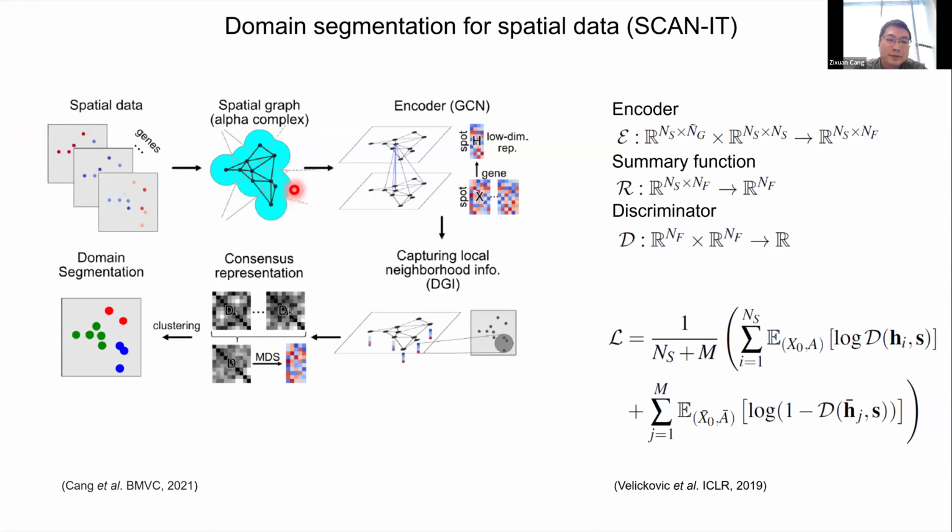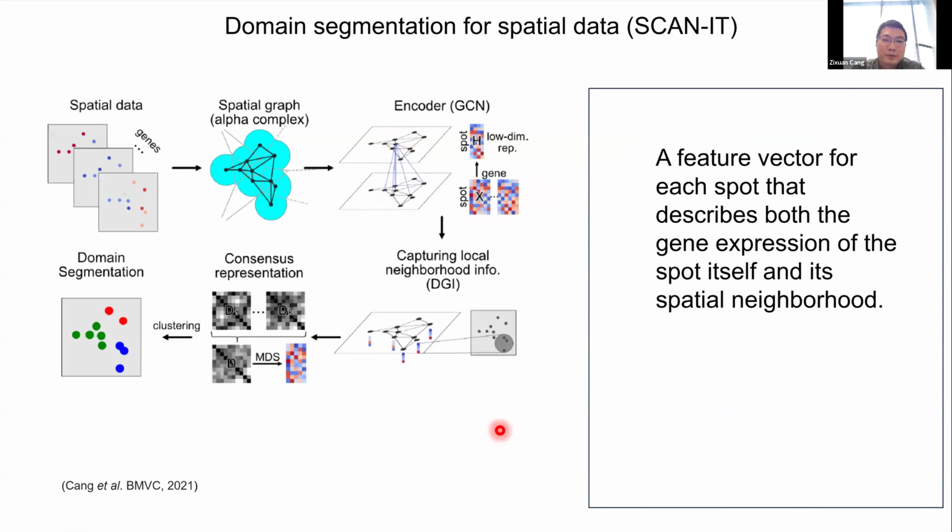And then based on this spatial graph of spots, like many methods in this direction, we can build a graph neural network such that according to some loss function, we derive a low-dimensional feature that captures the key information on the nodes of the graph, as well as its neighborhoods on the graph.